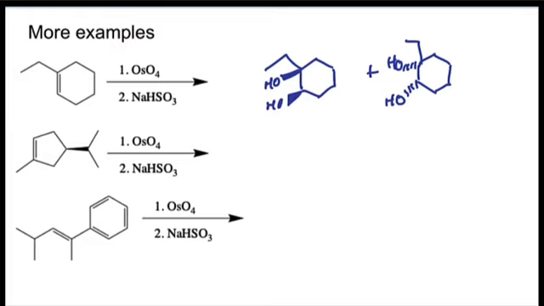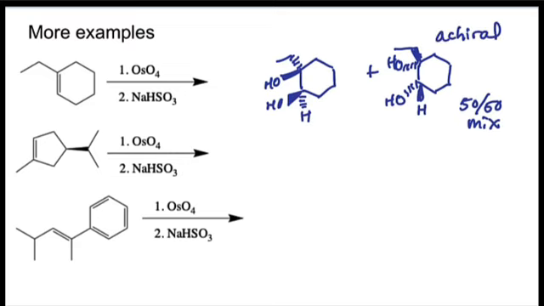Okay, so just to clarify then, that means the ethyl here is back and the ethyl here is forward. The hydrogen here is back and the hydrogen here is forward. We get a 50-50 mix of these.